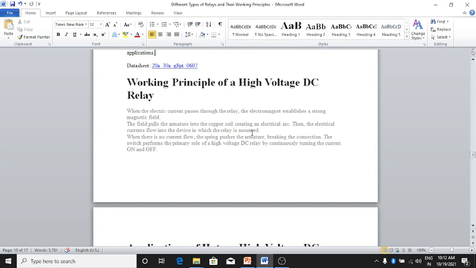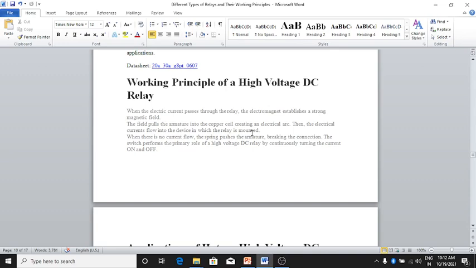What happens when the electric current passes through the relay? The electromagnet establishes a strong magnetic field. The field pulls the armature into the copper coil, creating an electrical arc.